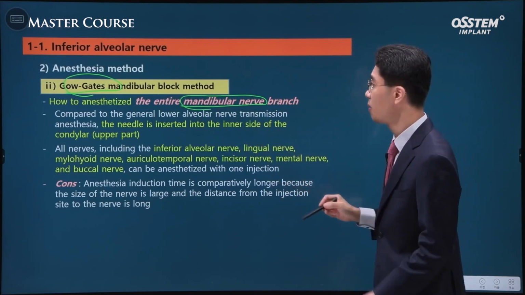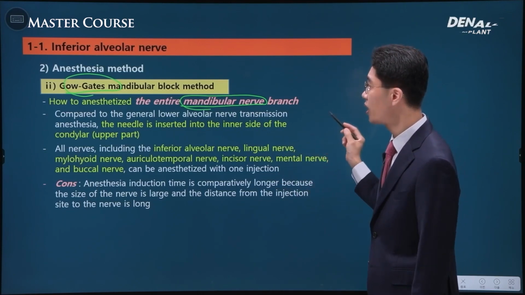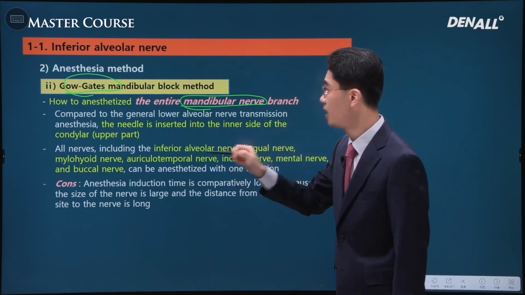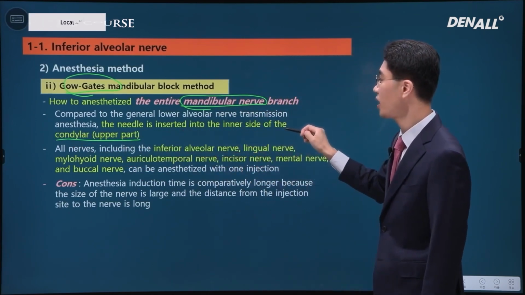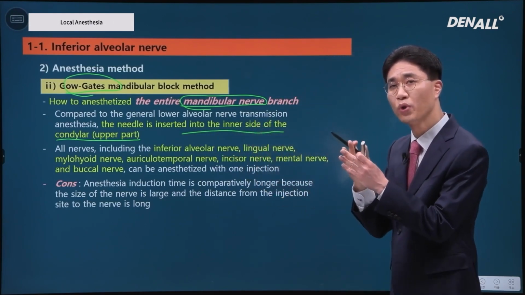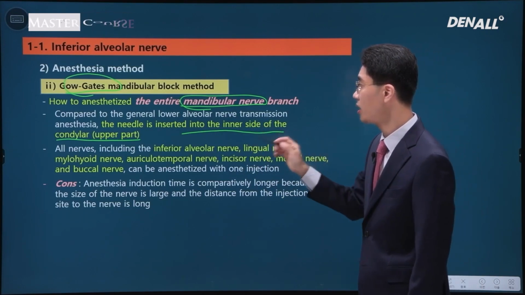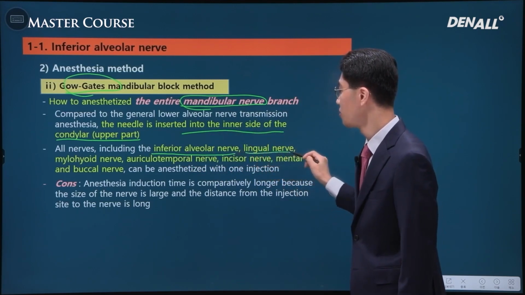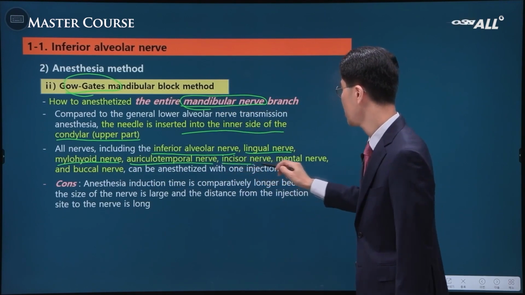There's going to be an image later, but the needle is going to be inserted on the neck of the condylar process. The needle is inserted into the inner side of the condyle. All the nerves, including the inferior alveolar nerve, lingual nerve, mylohyoid nerve, auriculotemporal nerve, incisive nerve, and mental nerve, as well as the buccal nerve, can be anesthetized.